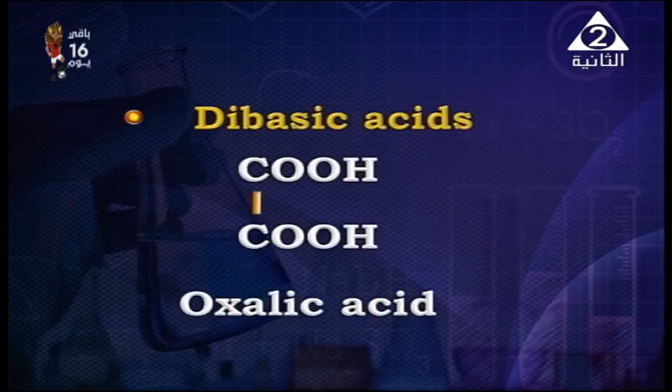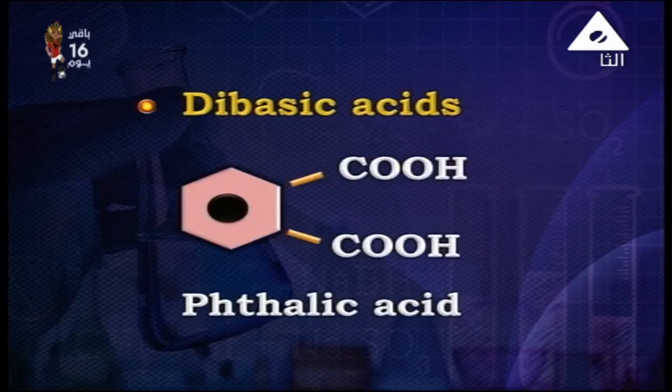Dibasic acid, as oxalic acid, C2O4H2, also phthalic acid, as shown on the screen, a benzene ring attached to two carboxylic groups.